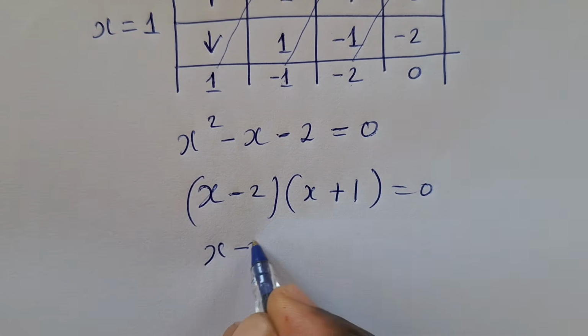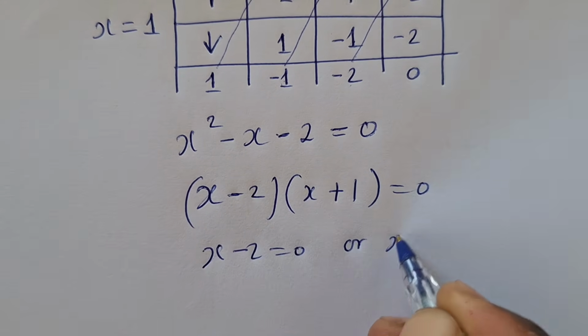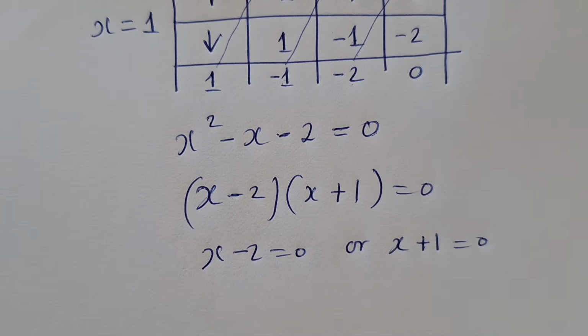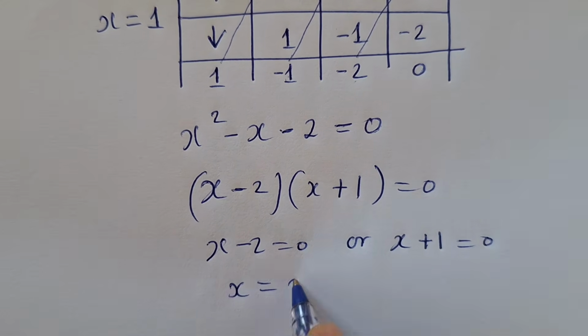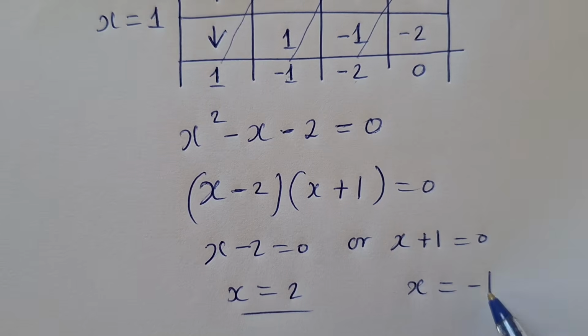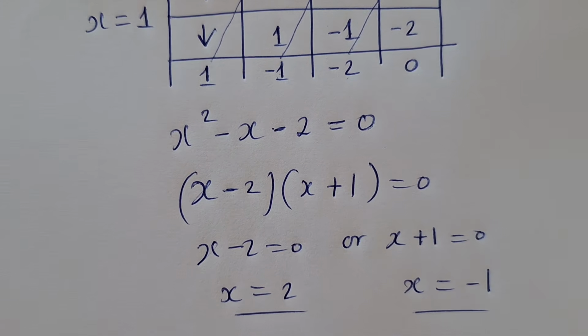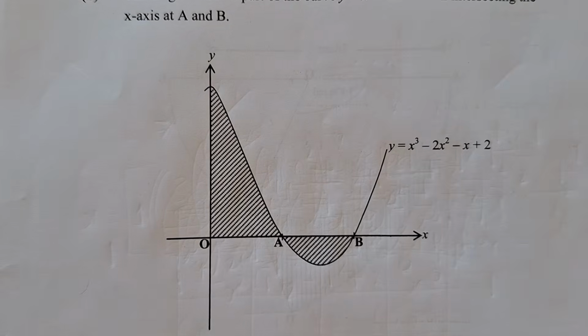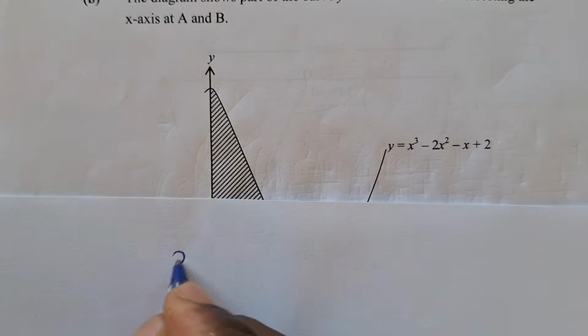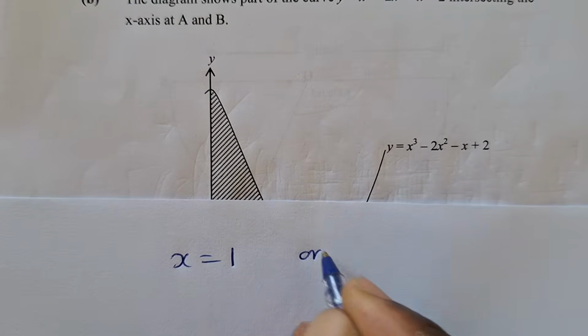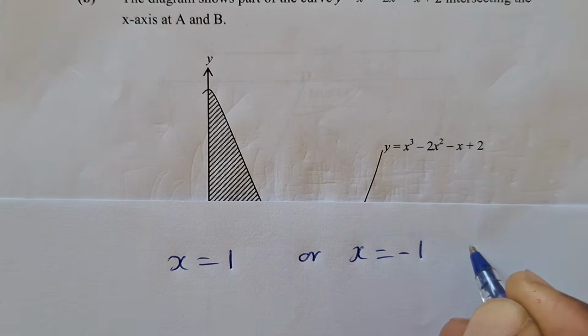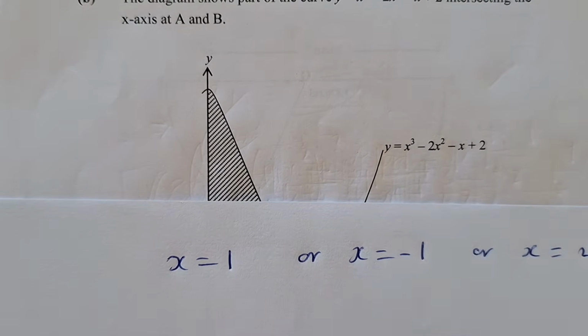So we can say x minus 2 is equal to 0, or x plus 1 is also equal to 0. So x is equal to 2, x is equal to -1. These are the other two solutions. Okay. So now we've got three solutions. Let me write them here. We've got x is equal to 1, or x is equal to -1, or x is equal to 2.